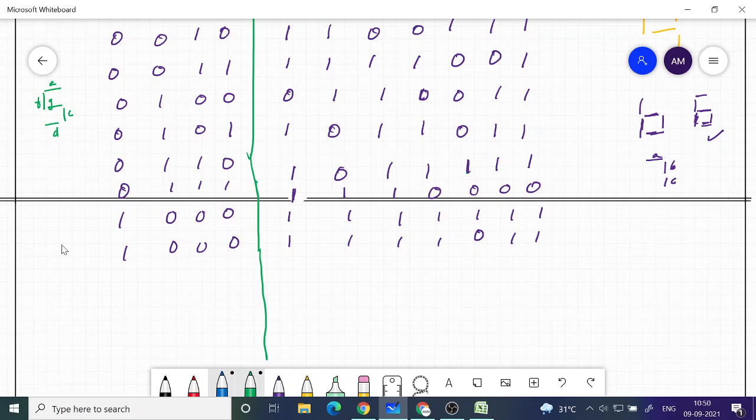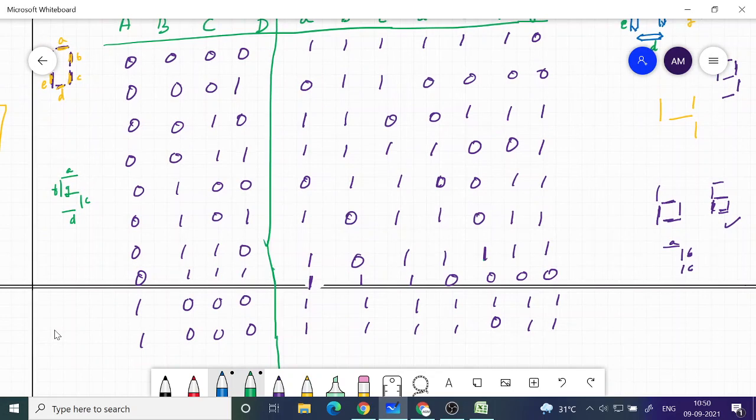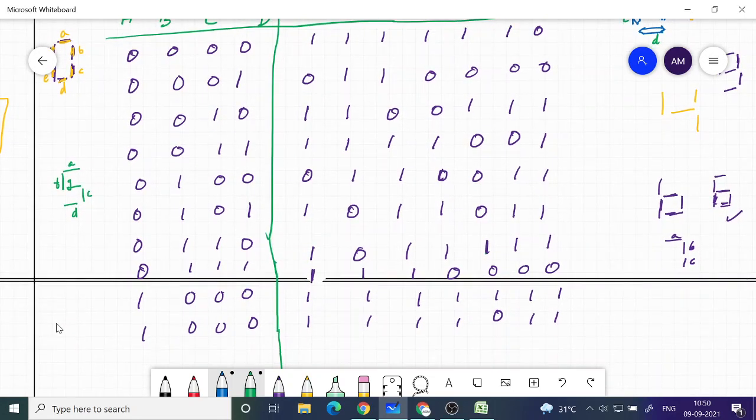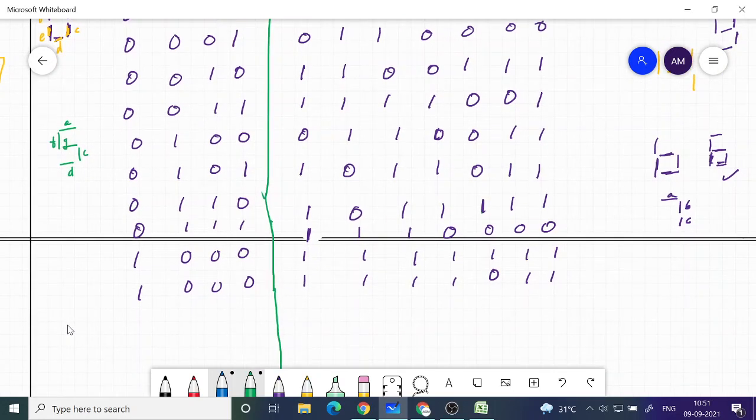So you may have a keypad with 0, 1, 2, 3 up to 9 written. So there is no other combination you can give as input. Whenever you press the key corresponding to 0, the code corresponding to 0 will go. Whenever you press the key corresponding to 5, the code corresponding to 5 will go, 0, 1, 0, 1. And since there is no key to press other than these listed combinations, no other code will go.